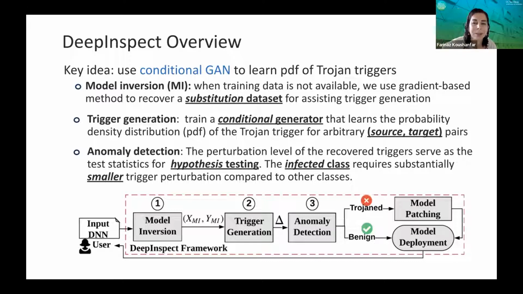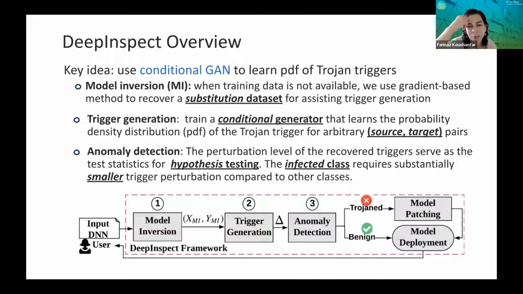So you basically use the GAN, you have the trained model, then you try the source target pairs, and then you try to learn how the trigger is generated. And then during the anomaly detection, you basically do hypothesis testing.